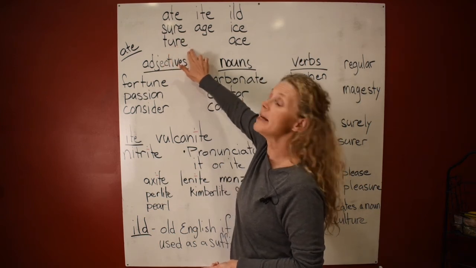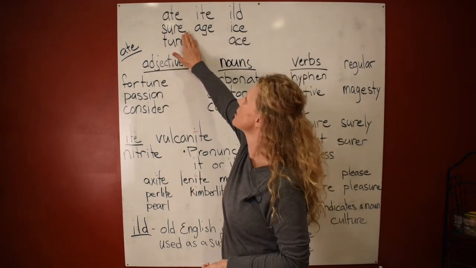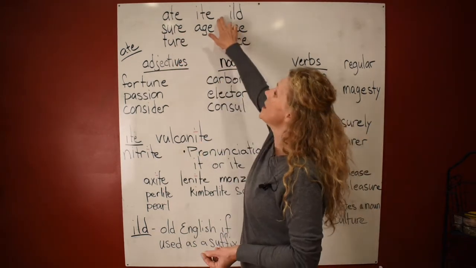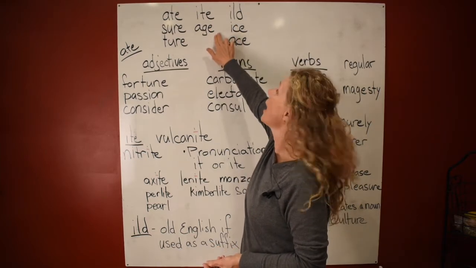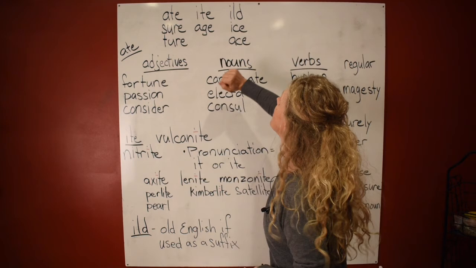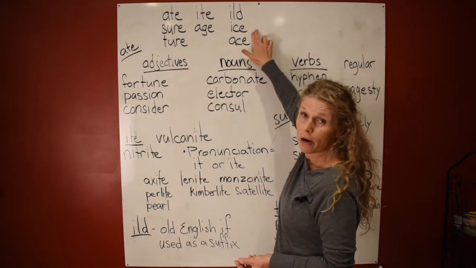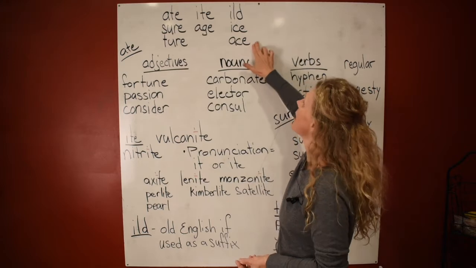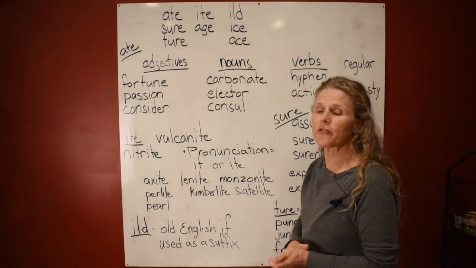So T-U-R-E is at the end of words, and you'll see it in the middle of words like that. So it or ite, ij or aj, and age, ild, is or ice, is or ace. Those are things we're going to focus on.